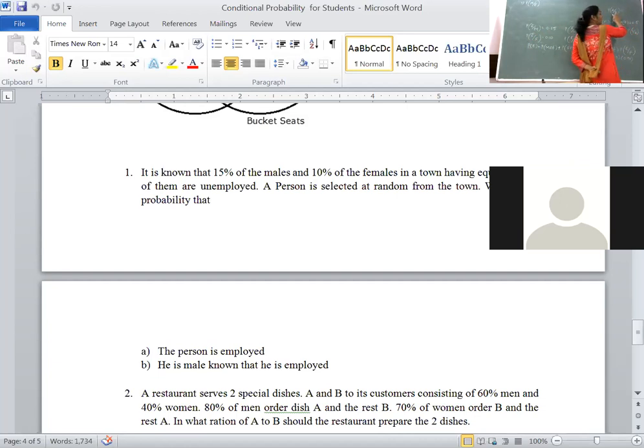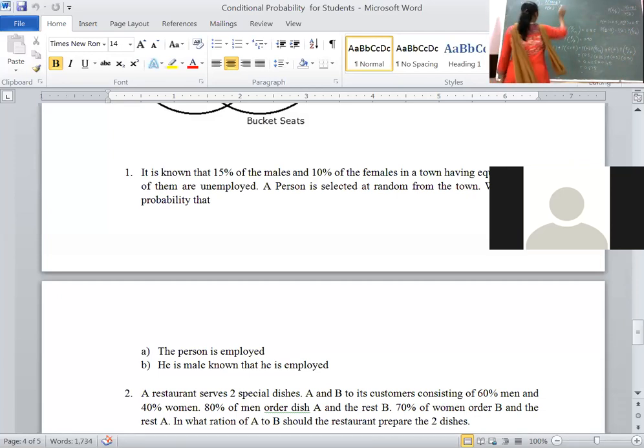Here, which event happened earlier? B has happened earlier. Probability of B. Then here we used to get probability of A intersection B, simultaneous happening of both the events. Similarly, here also we will write the same thing. Here M given E, that means the person is employed. We got probability of E, probability of M intersection E.